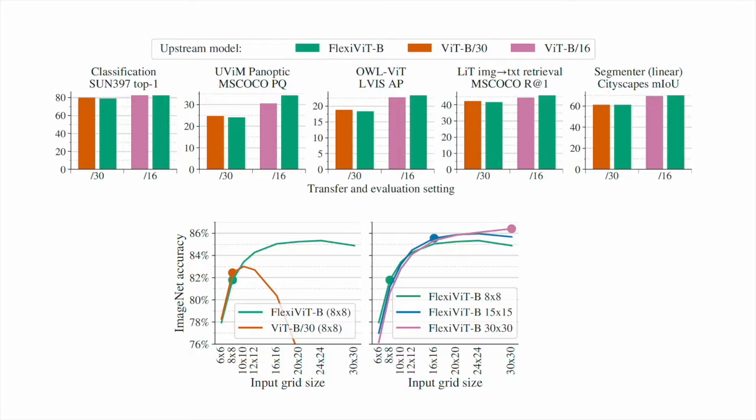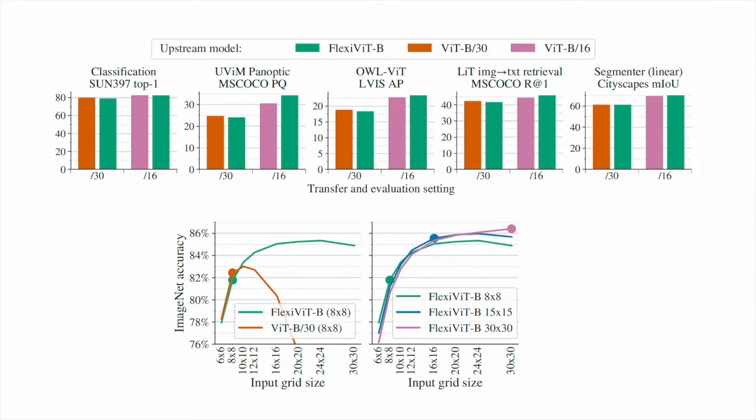We can see the performance for classification, panoptic segmentation, open vocabulary detection, locked image tuning, as well as semantic segmentation. FlexiViT base outperforms the standard ViTs at the smaller patch sizes consistently, while it matches or does slightly worse at the large patch sizes.